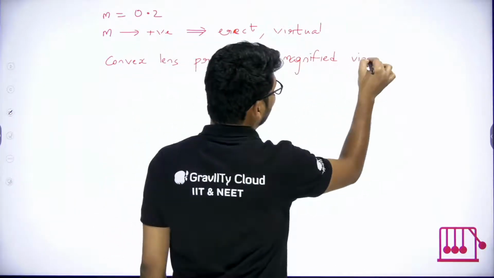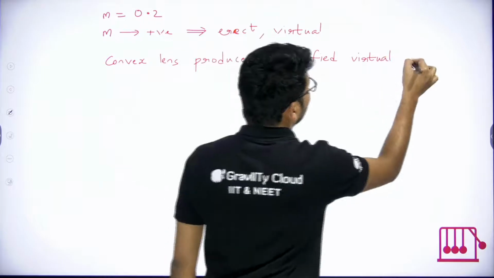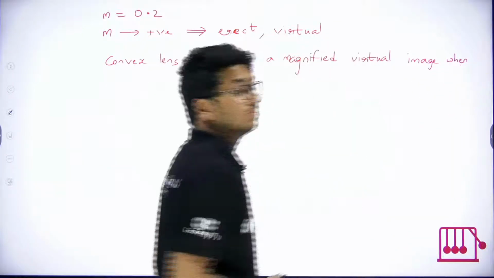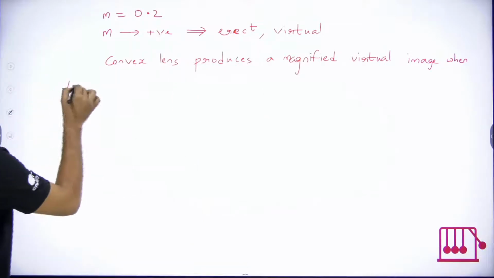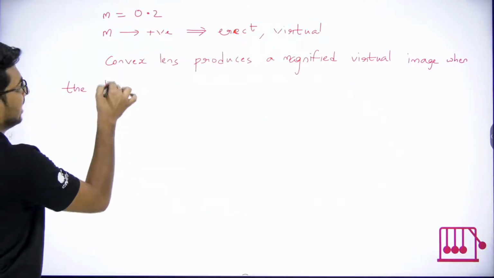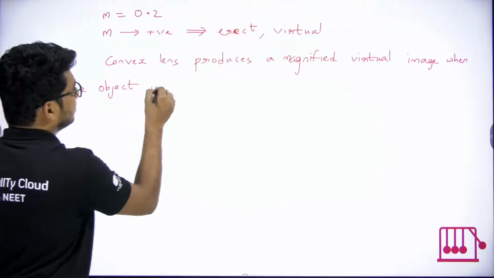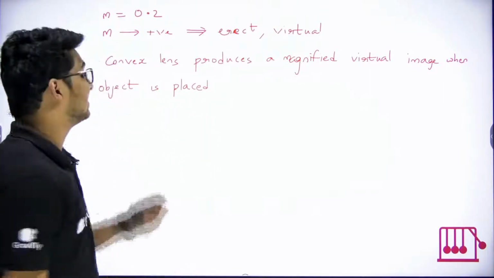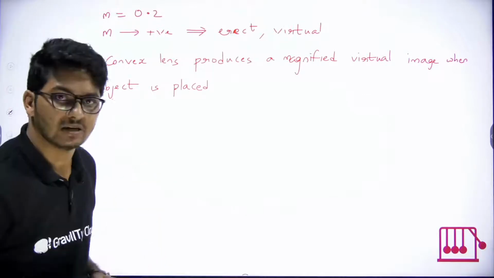I am writing the complete sentence. When does a convex lens produce a virtual image?